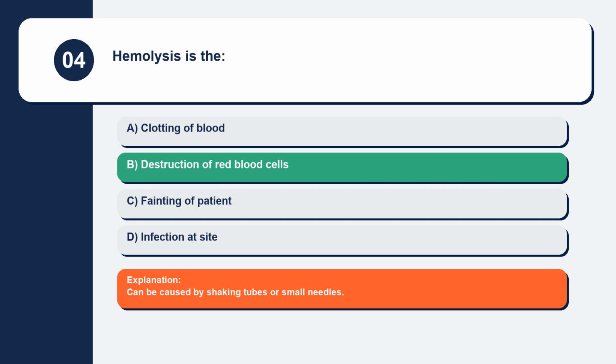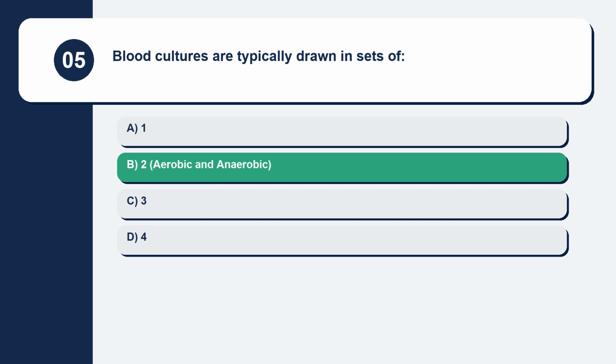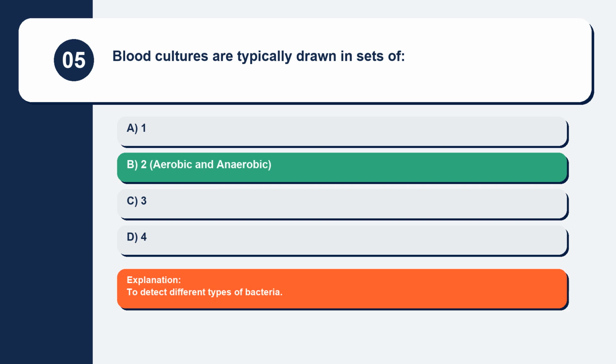Can be caused by shaking tubes or small needles. Question 5. Blood cultures are typically drawn in sets of 1, 2 aerobic and anaerobic, 3, 4. To detect different types of bacteria.